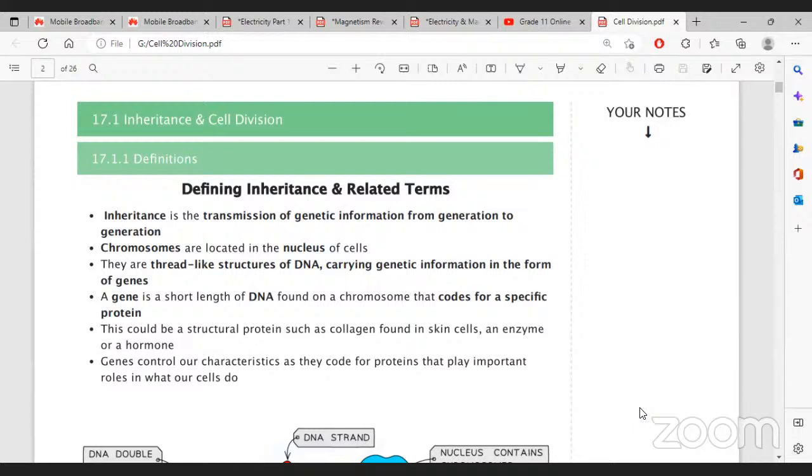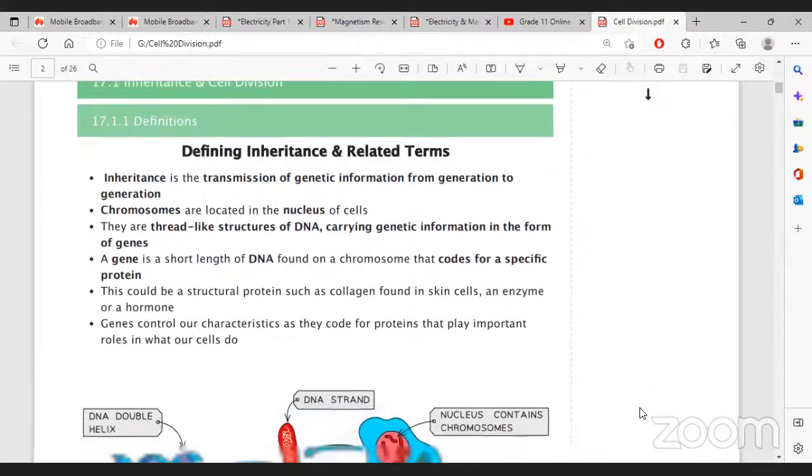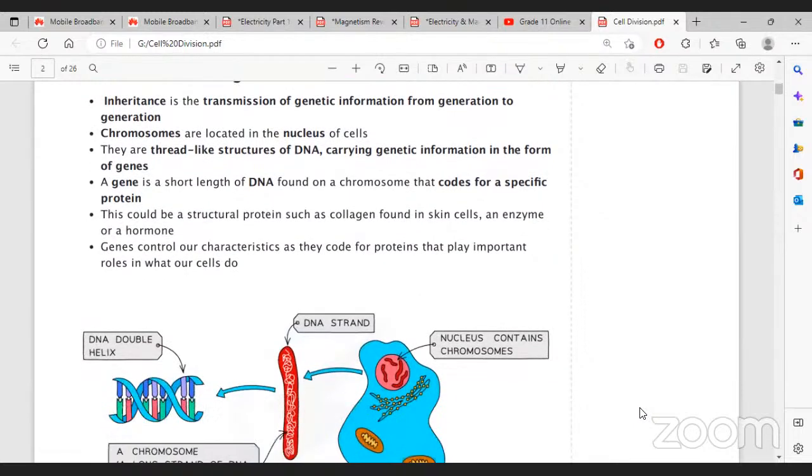Does that make sense? So, chromosomes are located in the nucleus of cells, and that is where we find genetic information. We are going to look at the structure of the chromosome as well, because it has strips where you have every characteristic within a locus, called the locus. They are thread-like structures of DNA carrying genetic information in the form of genes.